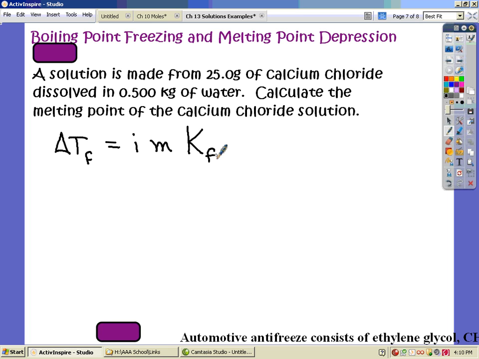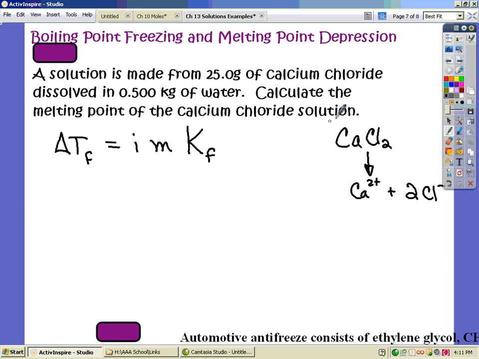And in this case, I'm working with calcium chloride. So calcium chloride is CaCl2. And when this dissociates in water, see, it's ionic. So when it goes in water, it's going to dissociate. It's going to break up into calcium ions and 2 chloride ions.